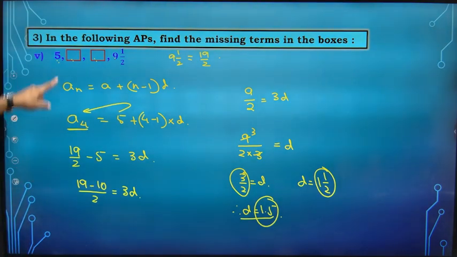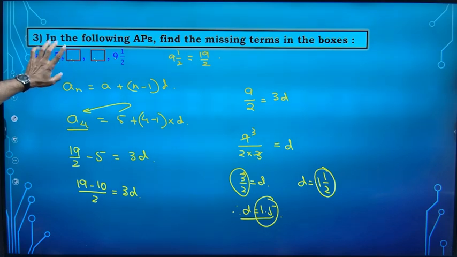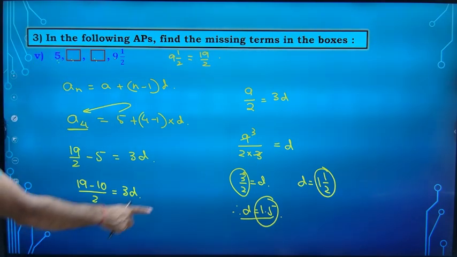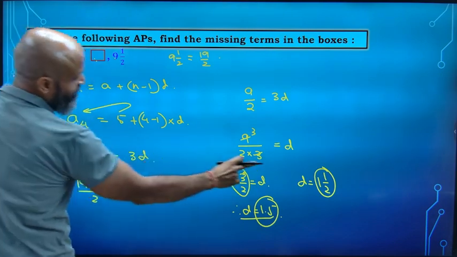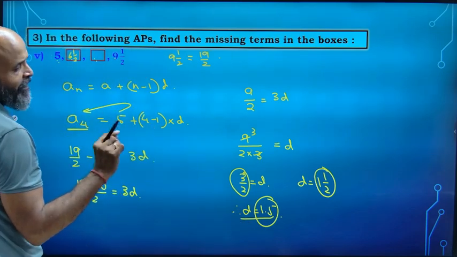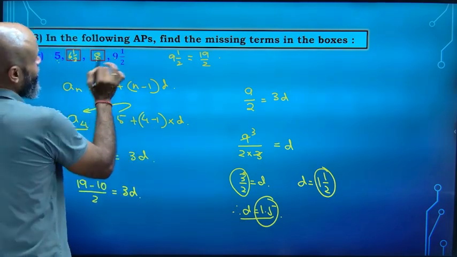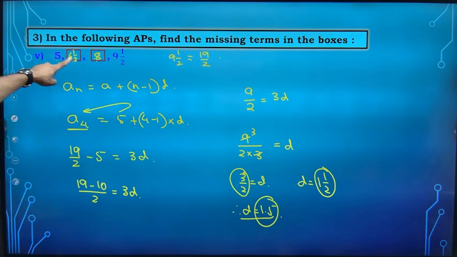Okay, so what will be the second term here? 5 plus 1.5, that will be 6.5. 6.5 plus 1.5, that is half, 7, 7 plus 1 is 8, 8 plus half, that is 9.5. So the two terms that are missing here are 6.5 and 8.